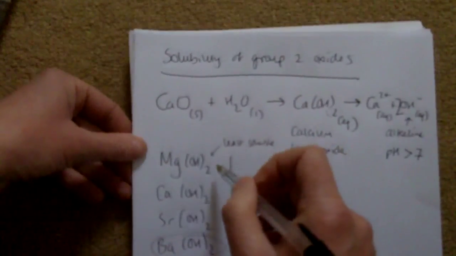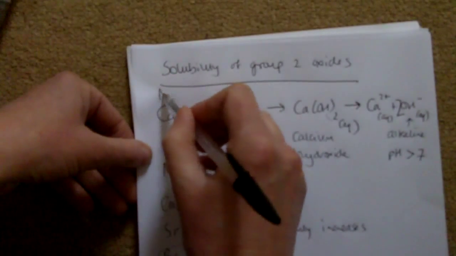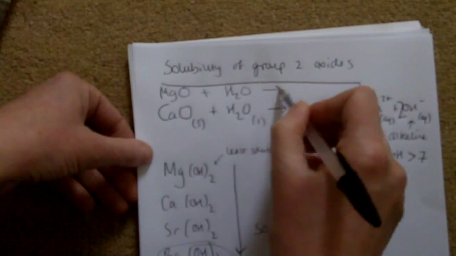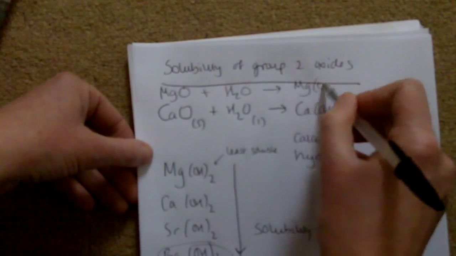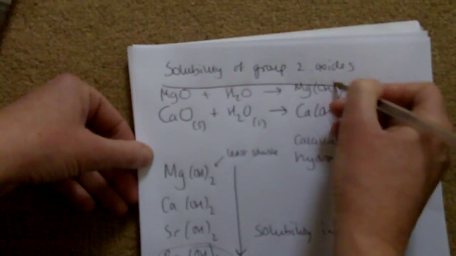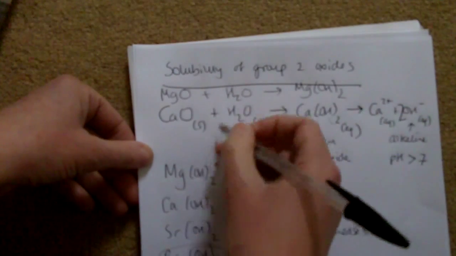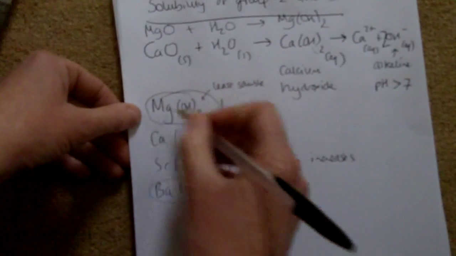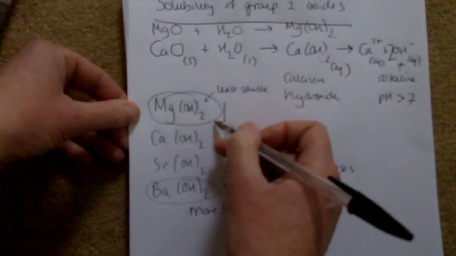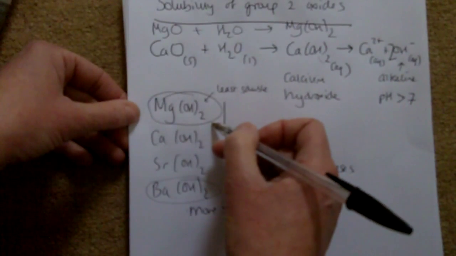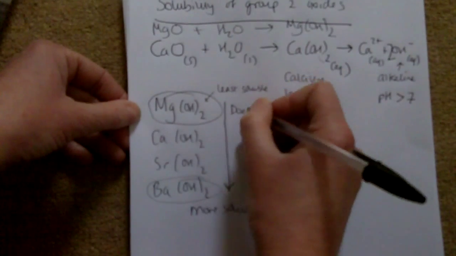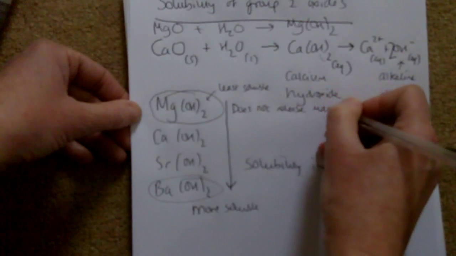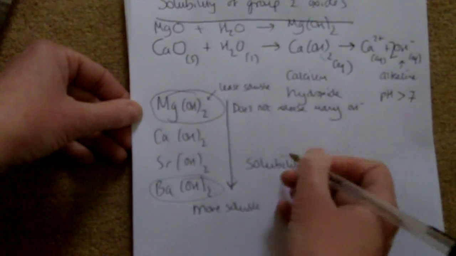Right, so when this reaction happens with water, with magnesium hydroxide, it's not very soluble. It's a little bit soluble, but it's not very soluble. Okay, so if this magnesium hydroxide is the least soluble, that means it does not release many hydroxide ions.